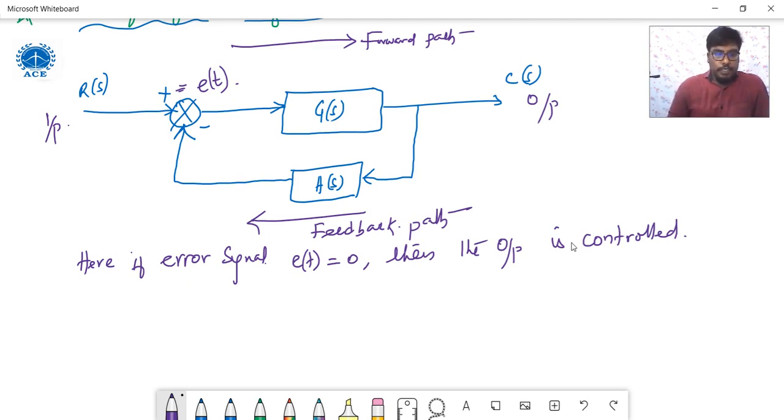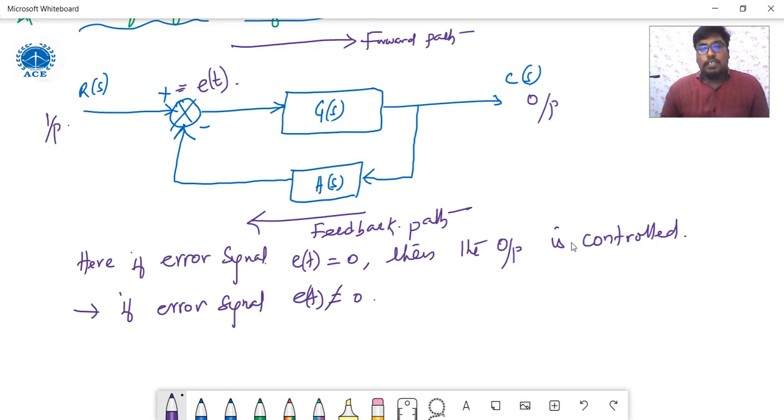Similarly, if error signal E of t is not equal to 0, then the output is not controlled.